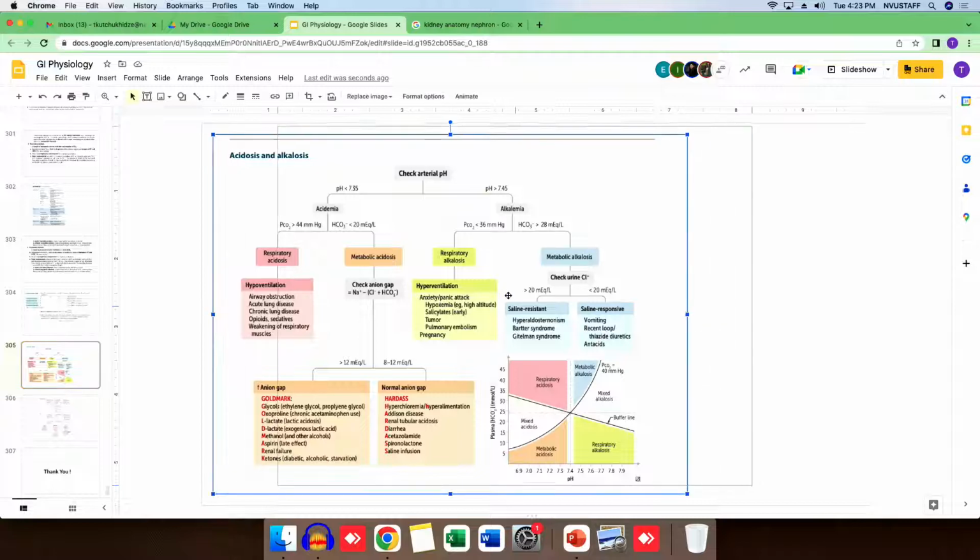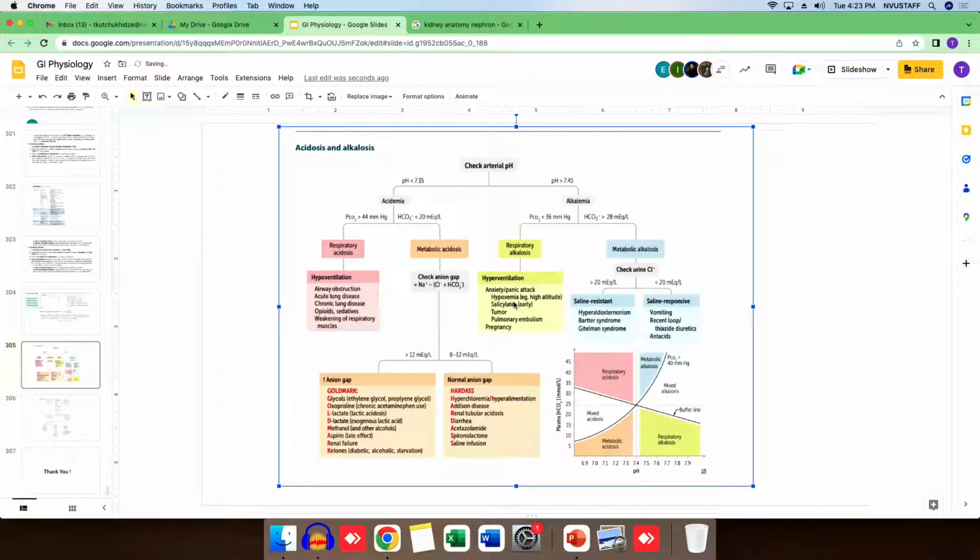Can you see this well, guys? We have a schematic overview of metabolic alkalosis, acidosis, and so on. Let's describe that and then go into more detail. When we have a pH change, this is how we study metabolic alkalosis and acidosis on the exam. First of all, is the pH high or low? High is above 7.35, or low is below 7.3, depending.